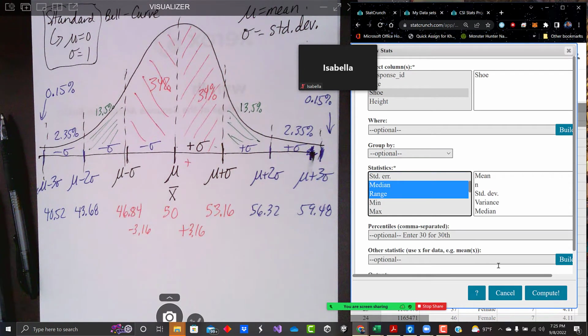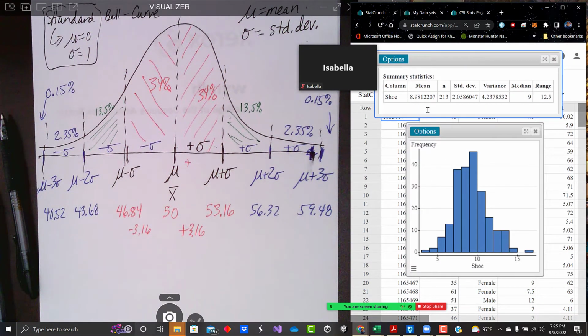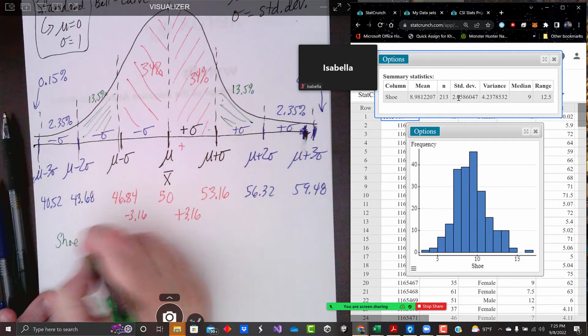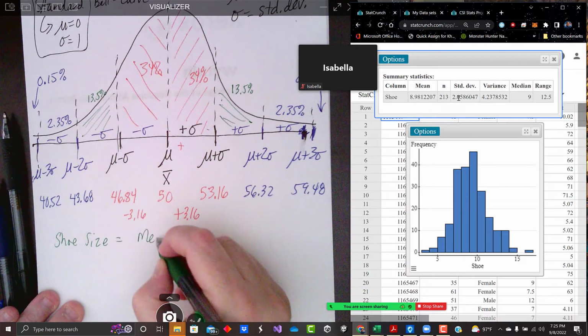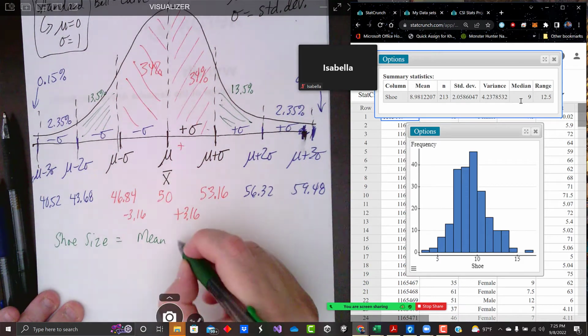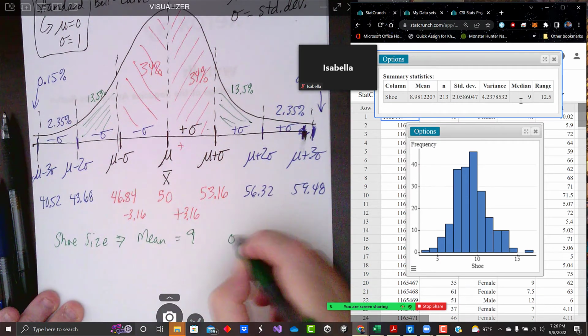Why not throw in median and range? So the mean shoe size is 9, the standard deviation is 2, at least in my data set. And I am rounding to whole numbers here because that's how I roll. The mean is 9. The standard deviation is 2.